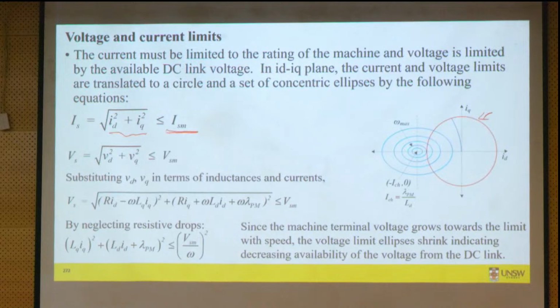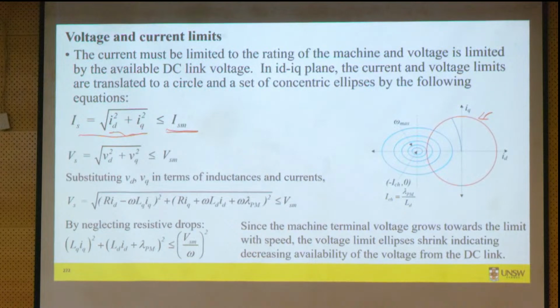So in the ID versus IQ plane, I vary IQ from 0 to the peak or rated current, and ID I can calculate from this relation, and if I plot them, I will get a circle.